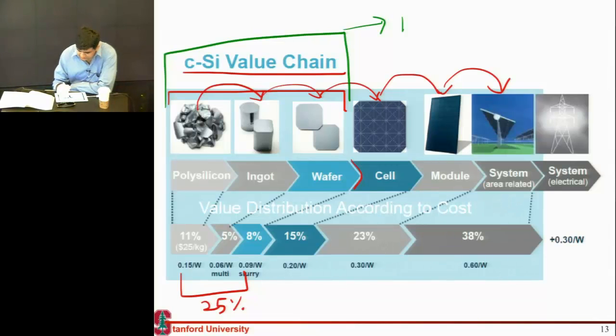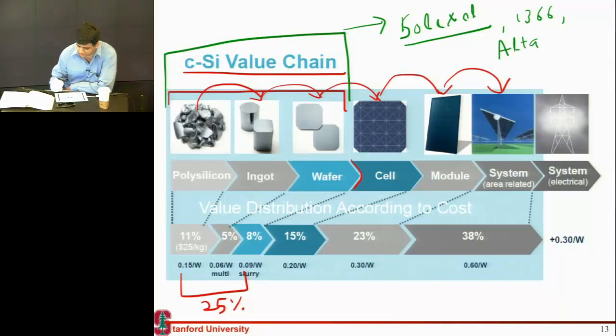So this is a good time to put a plug for our next speaker, who's representing the startup company SelectCell, which has a unique approach to making thin films of crystalline silicon. Again, they're not the only people in this game. There are other companies. There's one company called 1366. Alta Devices had its own scheme of doing this with gallium arsenide. So there's a lot of effort focused on reducing the cost associated with making the wafer.